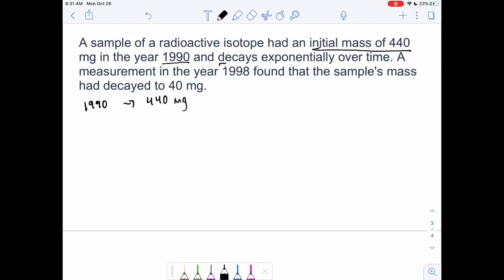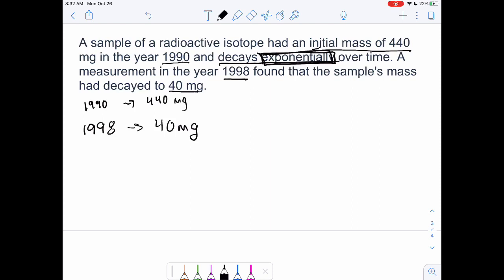And it decays exponentially, so now I know what kind of equation I'm going to write, an exponential one. A measurement in the year 1998 found that the sample's mass had decayed to 40 milligrams. So now I'm going to write the other piece of information, which is 1998. It was 40 milligrams.